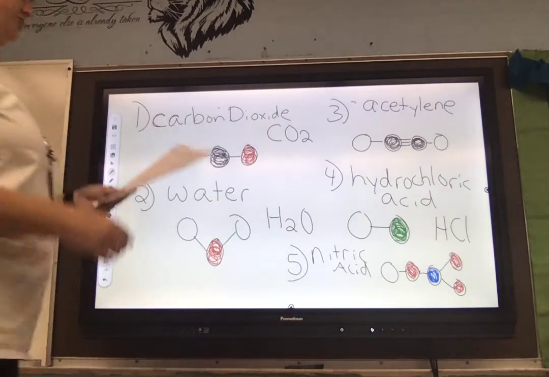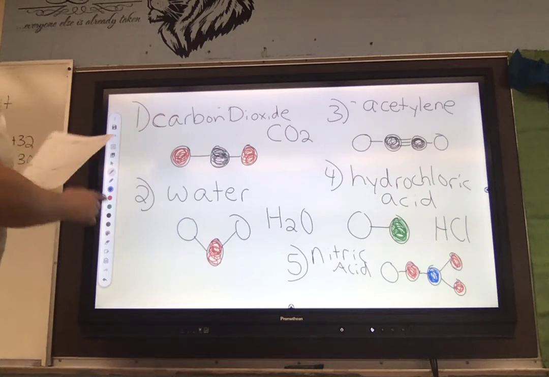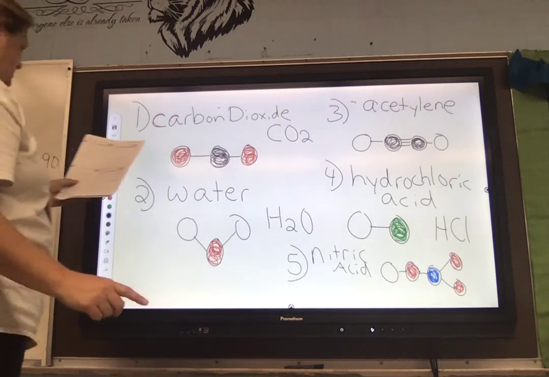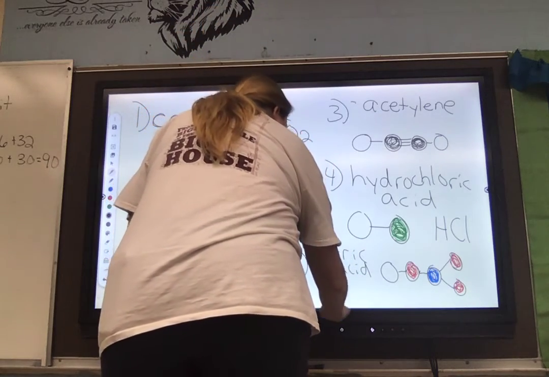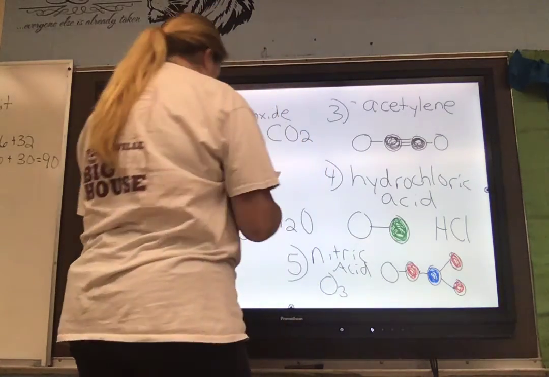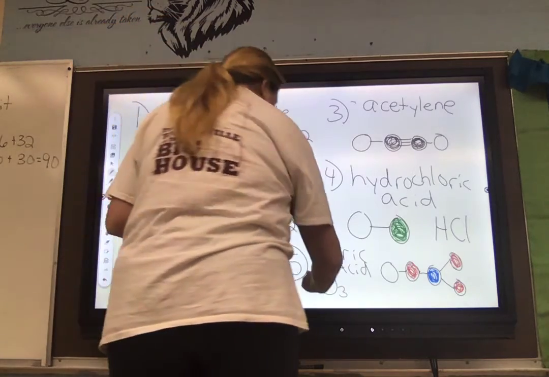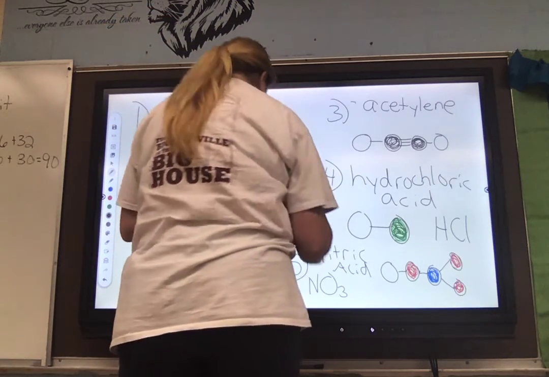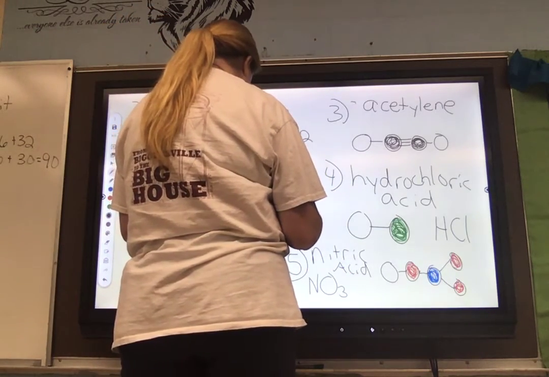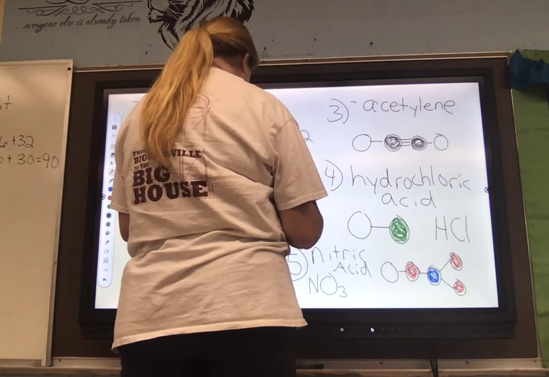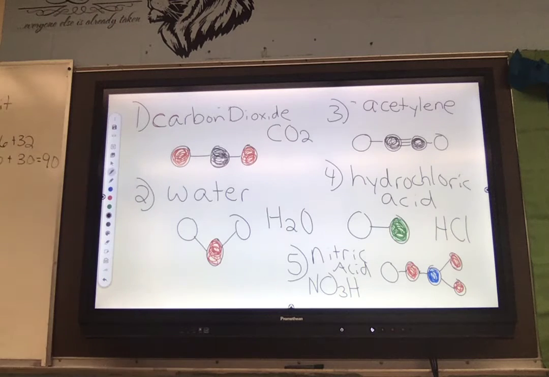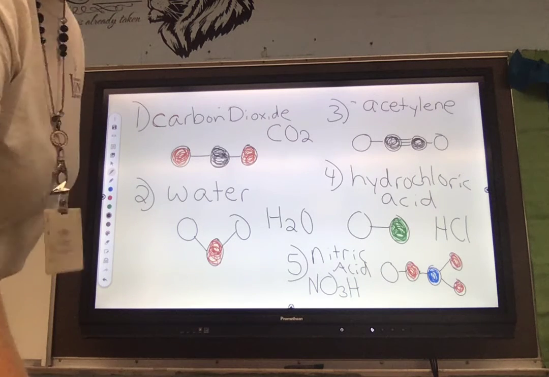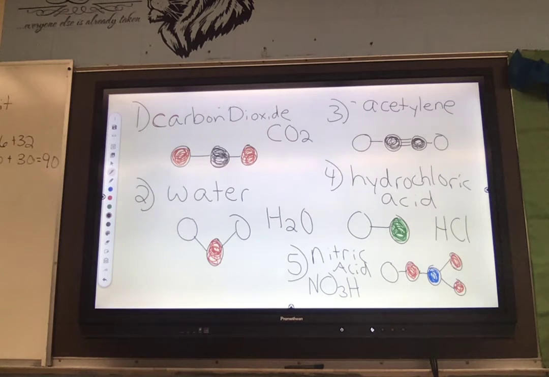Okay, that's what nitric acid looks like. And so your formula for nitric acid is going to be this. So that should help you figure out what that missing color is, okay?